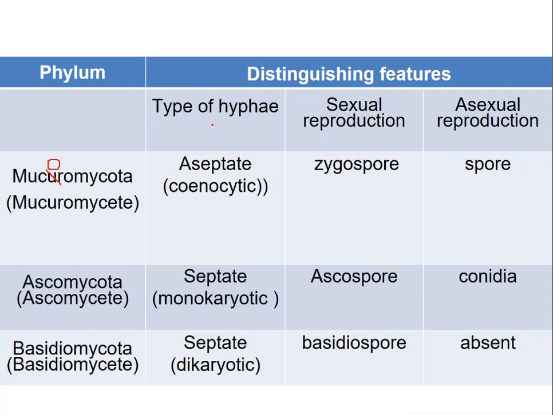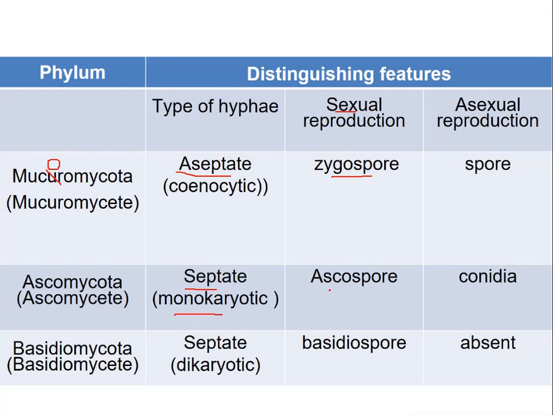So Mucoromycota have no septa, which we call coenocytic hyphae, right? So they produce a sexual spore called the zygospore, found in the zygosporangium, and the asexual spore is known as sporangiospore. As for Ascomycota, they have septate hyphae, monokaryotic septate hyphae.